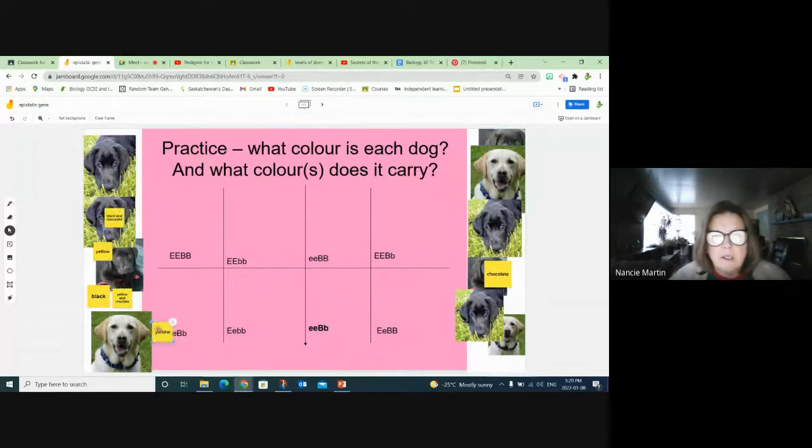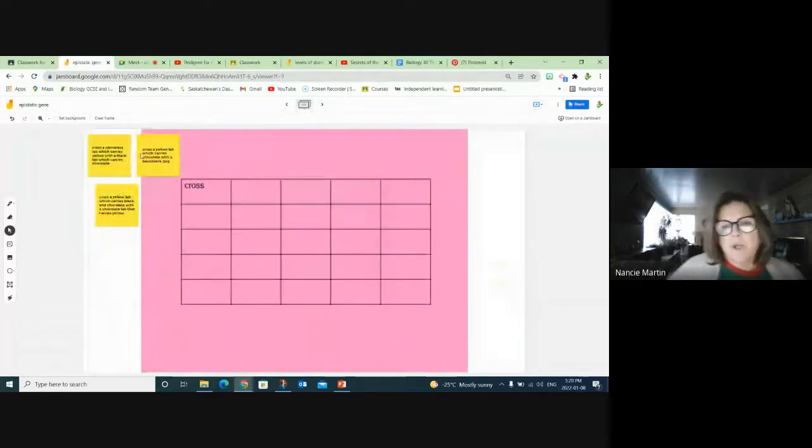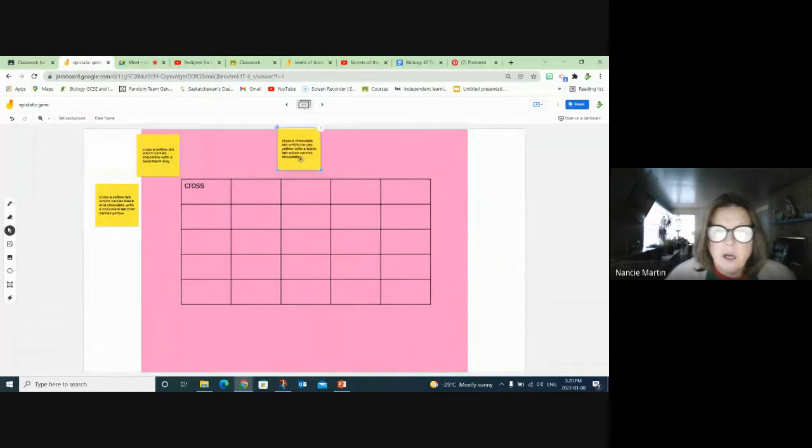and that is, well, I got 3 problems here, but I think probably if we did one of them right now and we can do a couple more later, that'll be good enough. So I'll just choose this one here. It says cross a yellow lab which carries yellow with a black lab that carries chocolate.